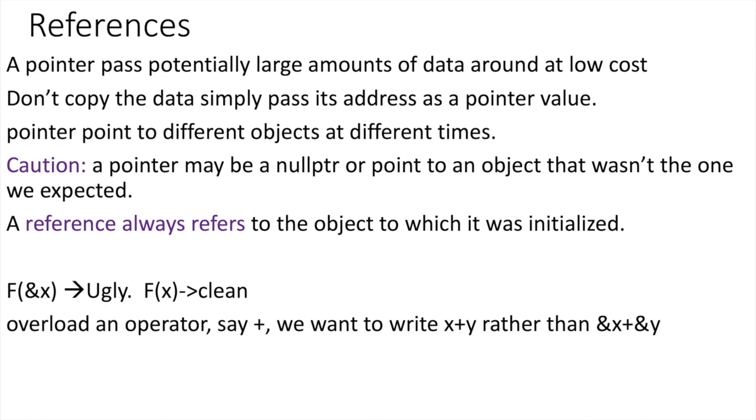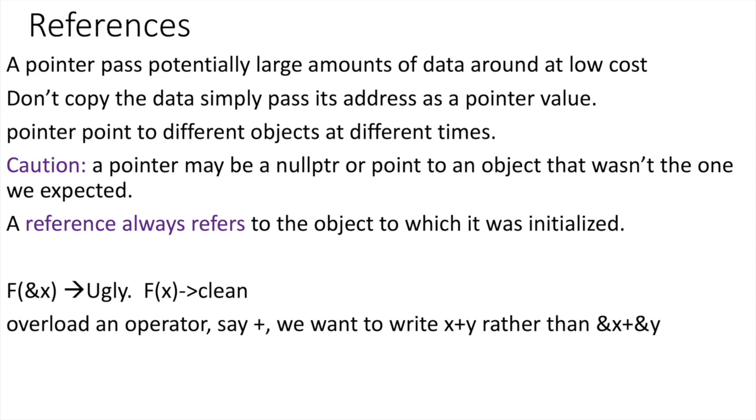In this case, we can make use of references, because a reference always refers to the object with which it was initialized, and uninitialized references give an error, whereas this is not the case with pointers. Pointers may become null pointers, or they may point to a different object which we did not expect.